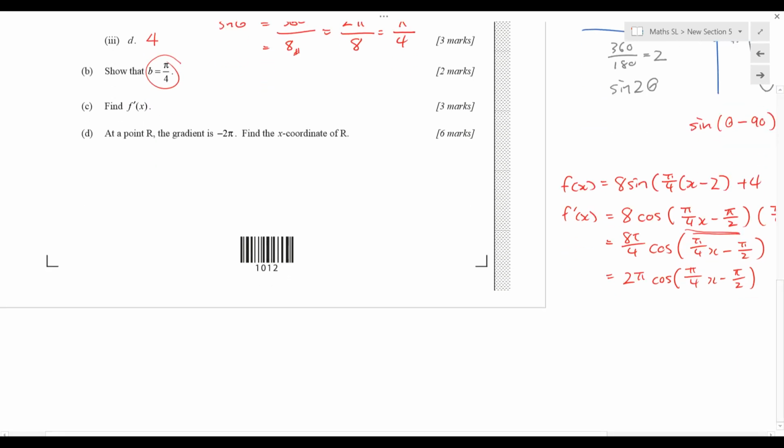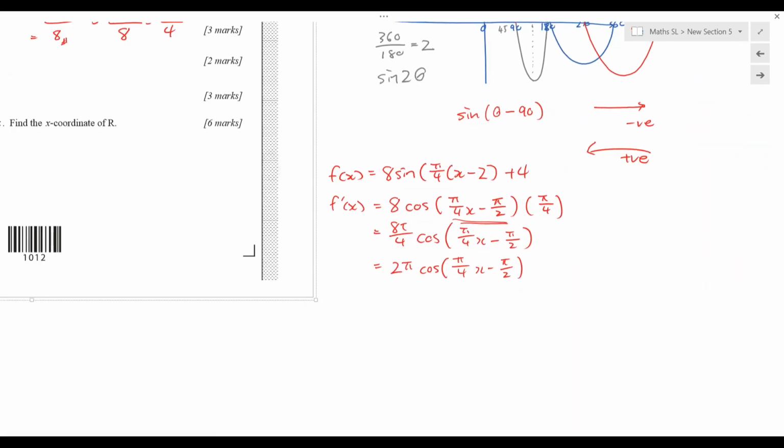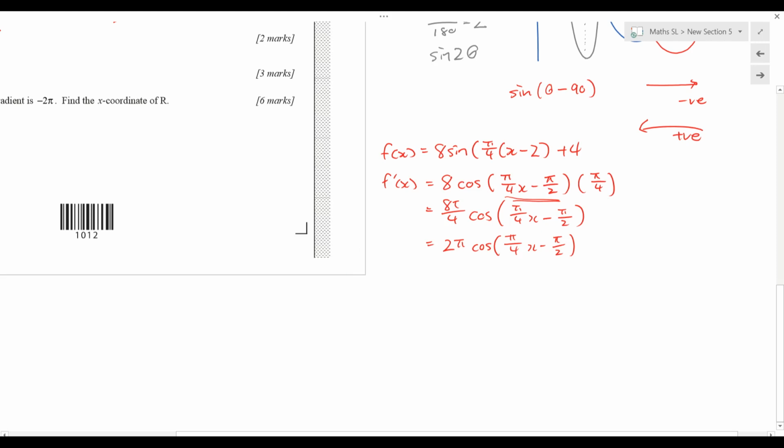Find the coordinate of R. So the gradient is actually, this, so minus 2 pi equals 2 pi cos bracket pi over 4 x minus pi over 2. Okay, simply let's divide this over. Minus 1 equals cos pi over 4 x minus pi over 2.